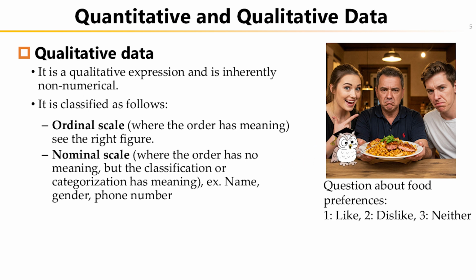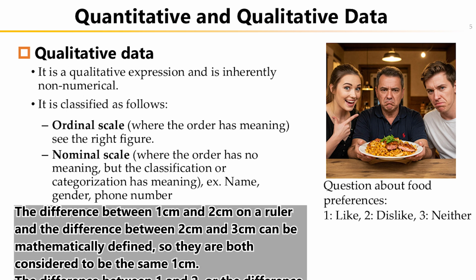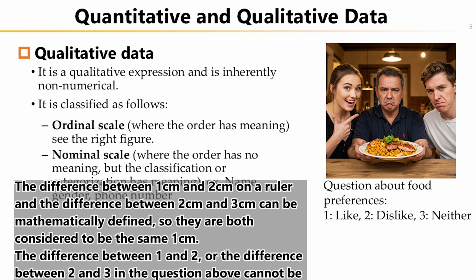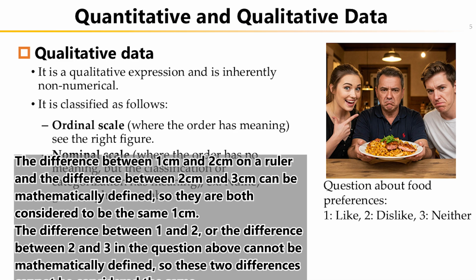For example, look at the diagram on the right. For the same dish, people have different preferences, like it, dislike it, or neither. These preferences are assigned the numbers 1, 2, and 3. These numbers are qualitative data. Please note that the difference between 1 centimeter and 2 centimeters on a ruler and the difference between 2 centimeters and 3 centimeters can be mathematically defined, so they are both considered to be the same 1 centimeter.